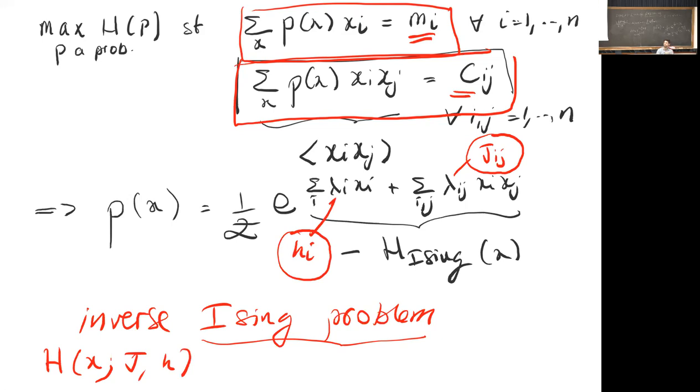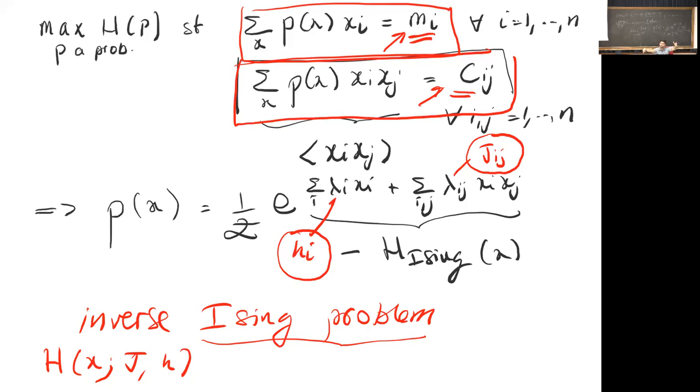And from there, you want to deduce properties of the system, like local magnetizations, correlations, and things like this. Okay? So the Hamiltonian is fixed, by fixed I mean that you know what the interactions and the local fields are, and you want to deduce the magnetizations and correlations.